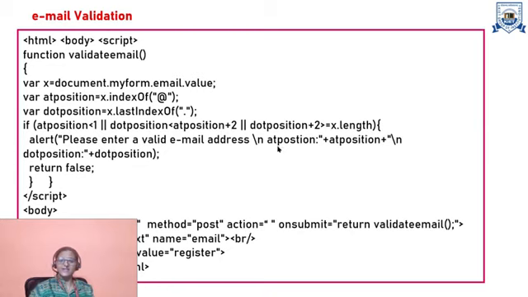And in the next line, it will provide the at-the-rate position and the dot position, so that you can know what the positions of the at-the-rate and the dot are, and correct it later on. Okay, so this is the complete code, and the rest is just for the buttons, so it will be validated as soon as we submit the form.